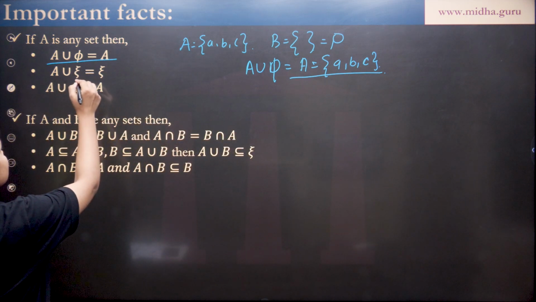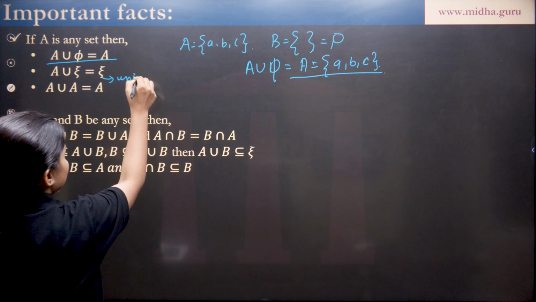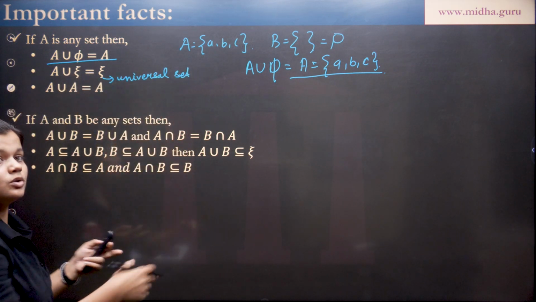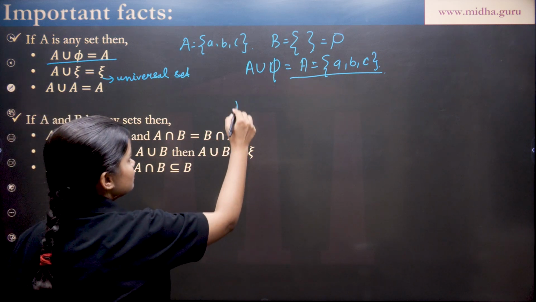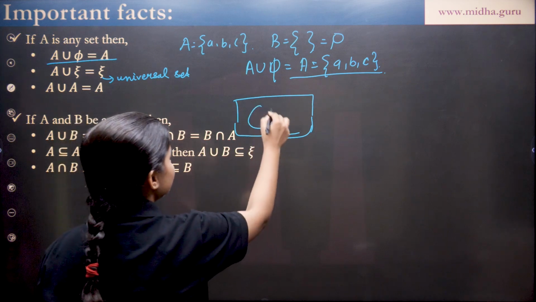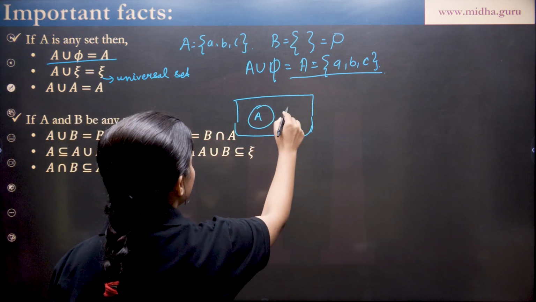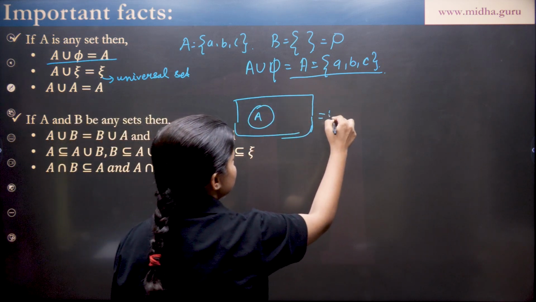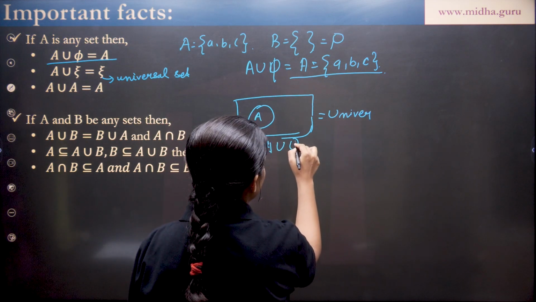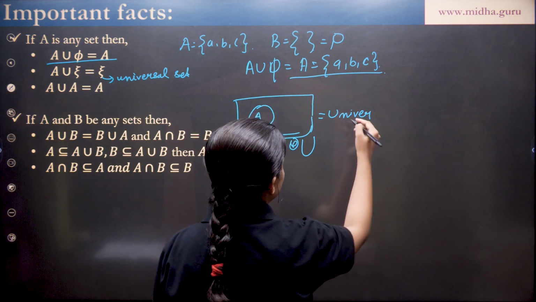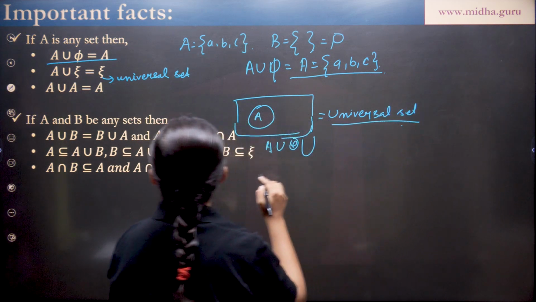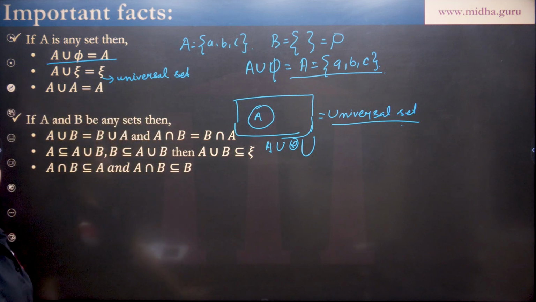A union, this is a sign of the universal set. So A union universal set is the universal set, because the universal set is the largest set, and inside it is any set A. So A union universal set is the universal set.